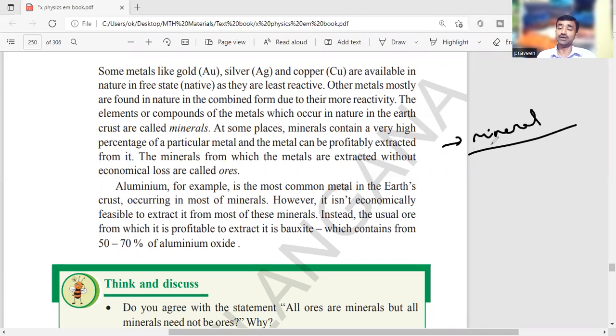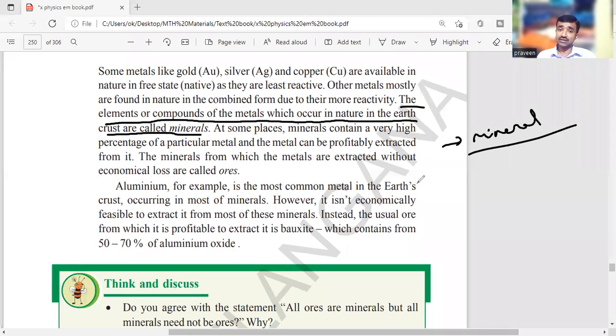What you can find in the soil, that may be an element or maybe a compound, is called mineral. So underline this: the elements or the compounds of the metals which occur in nature in the earth crust are called minerals.